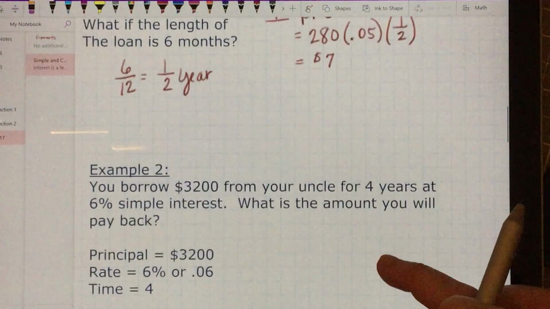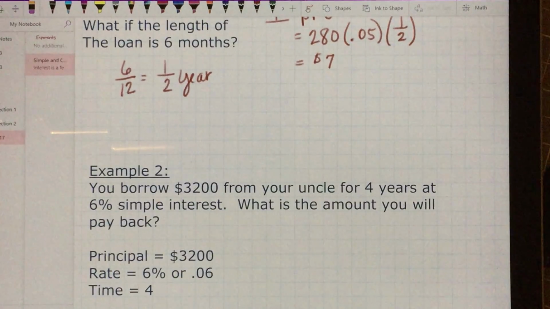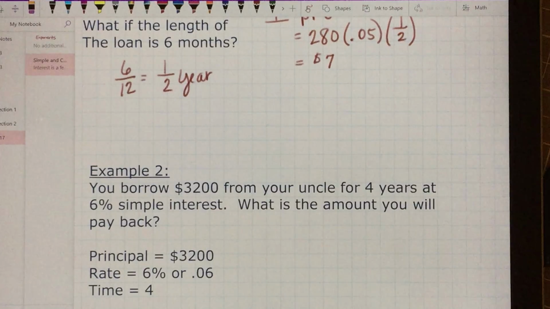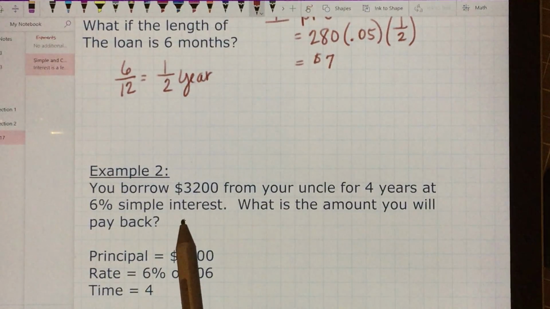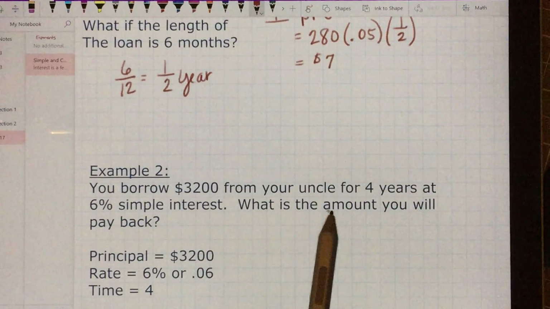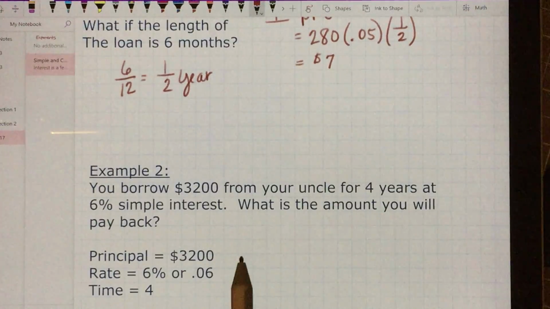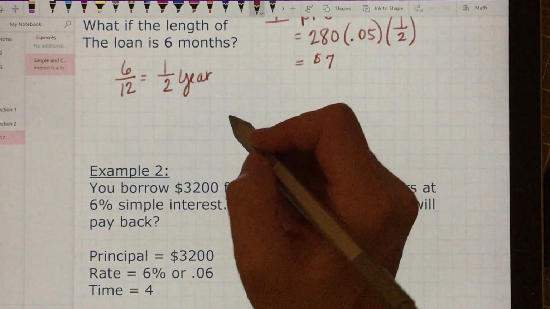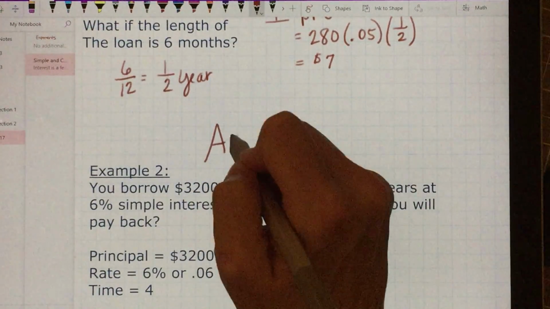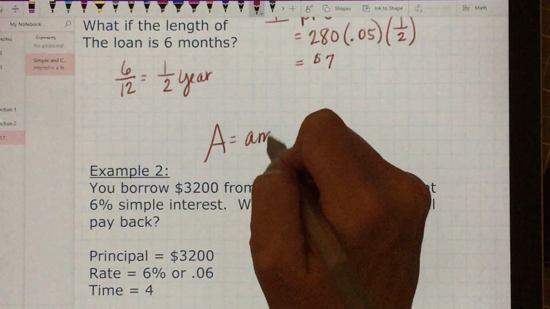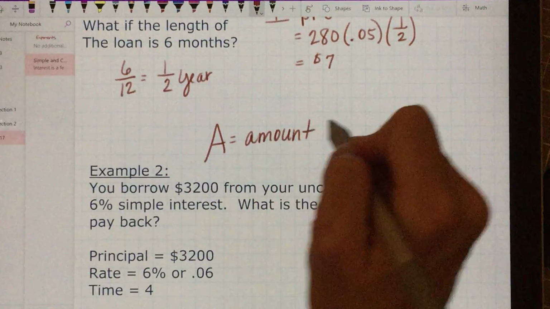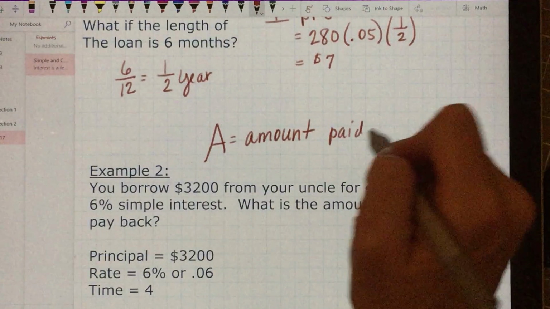Let's try another example. In this example, you borrow $3,200 from your uncle for 4 years at 6% simple interest. What is the amount you will pay back? So the amount that we pay back is not just the interest. The amount we pay back, let A be amount paid back.